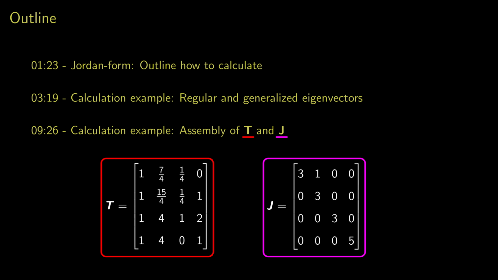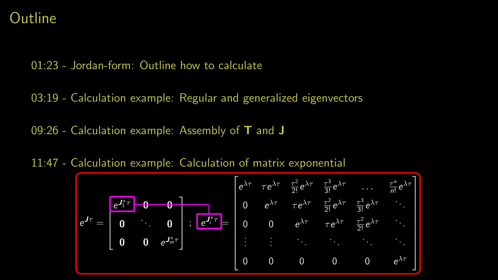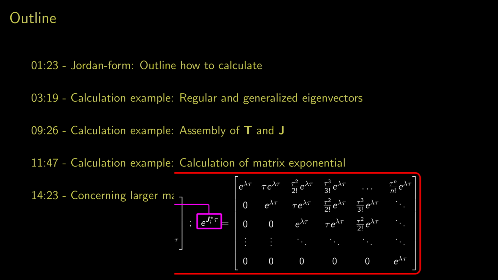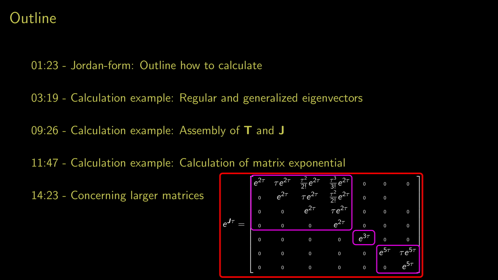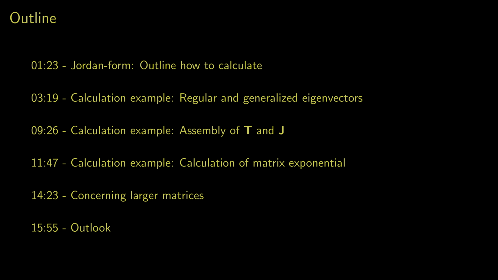Then how to assemble the transformation matrix T and the Jordan form J. Towards the end of the calculation example, we consider the calculation of the matrix exponential function of the Jordan form. After the calculation example, I will address details regarding the calculation of larger matrices. We close the video with a brief summary and outlook as always.